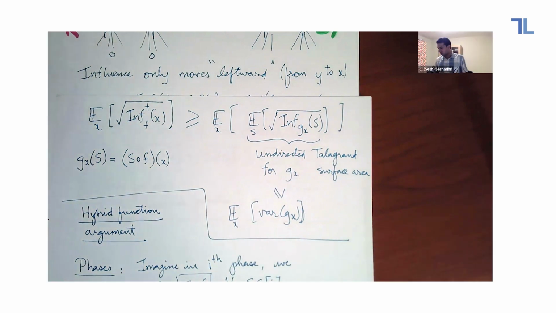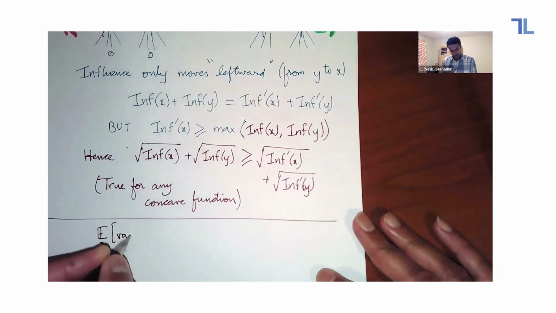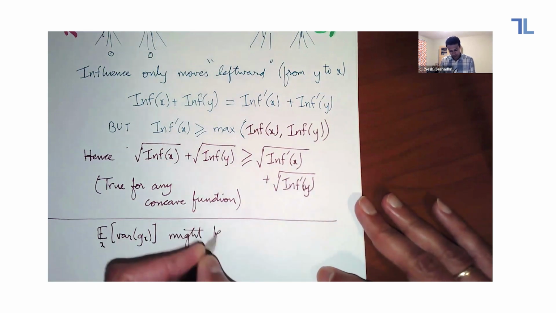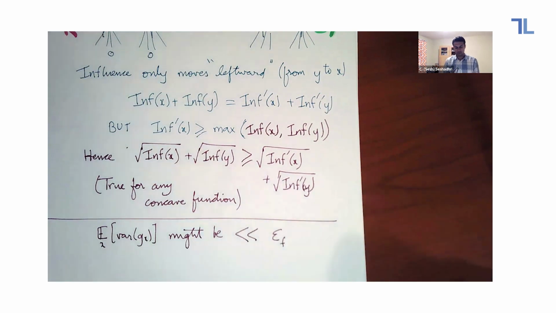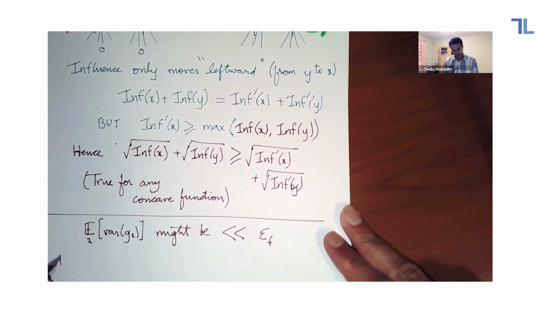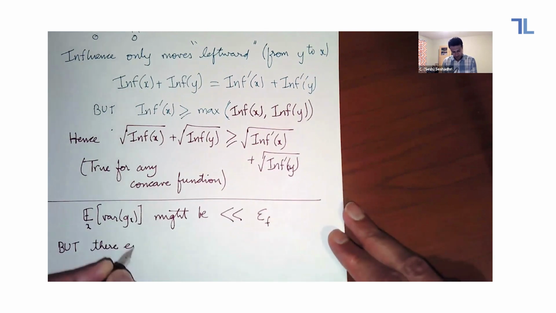And so finally, there is this step that the expectation of the variance of gx might be much, much smaller than the distance to monotonicity. But you can show that there exists a restriction.